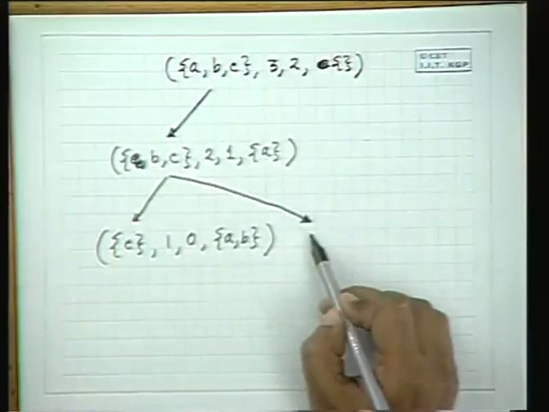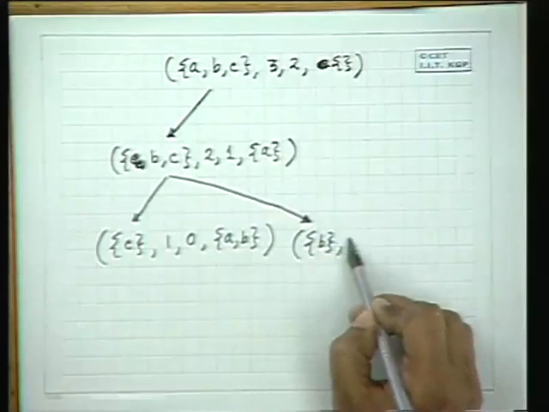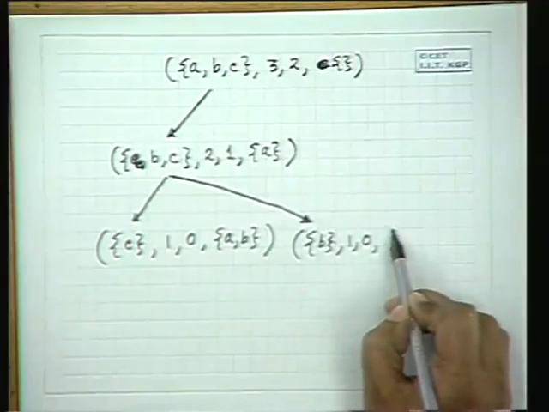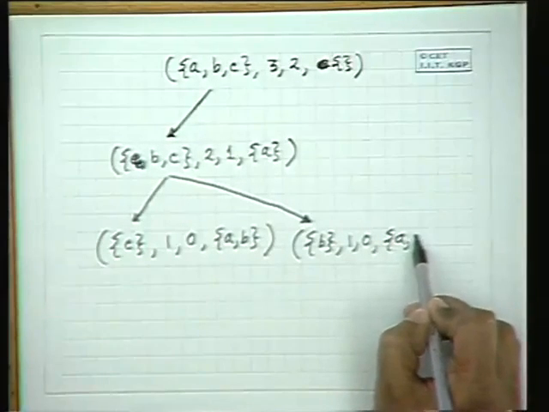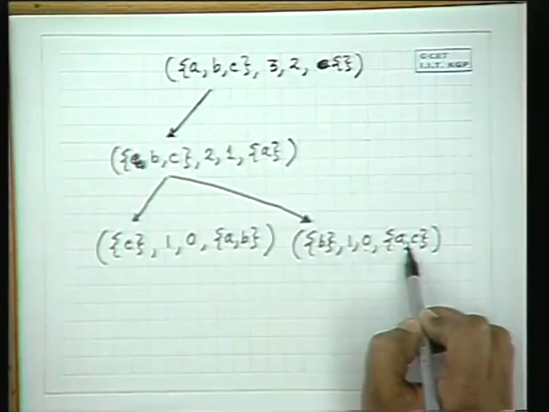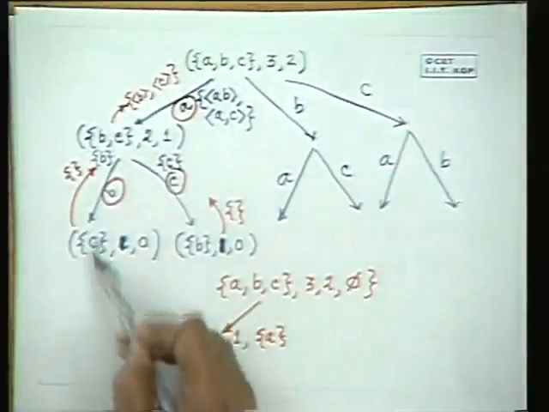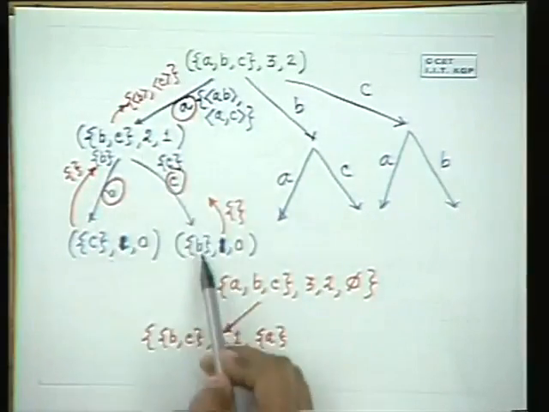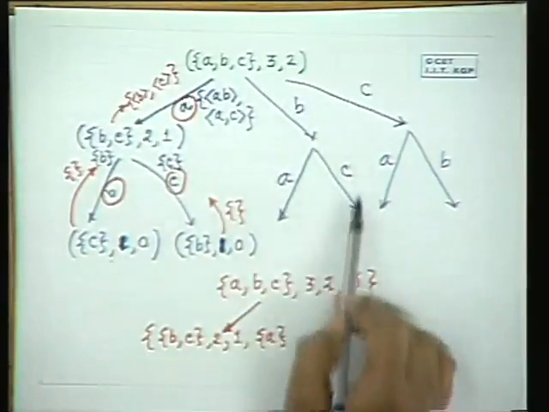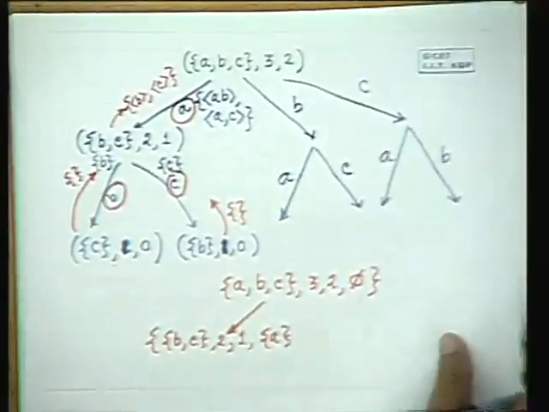Then again it will come here, it will be B, 1, 0 and A, C. And once R is 0, you just print it. So this way you can print AB, come here, print AB, come here, print, come here, and so on. Alright. So now the program will look like this.